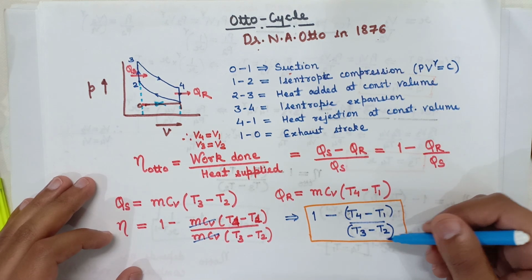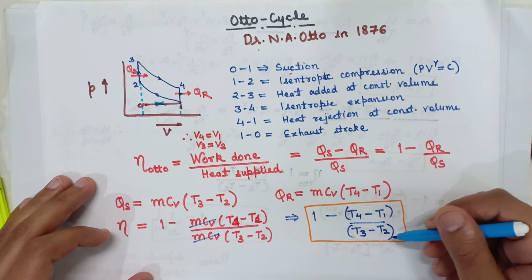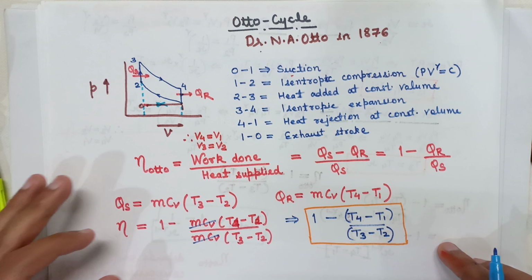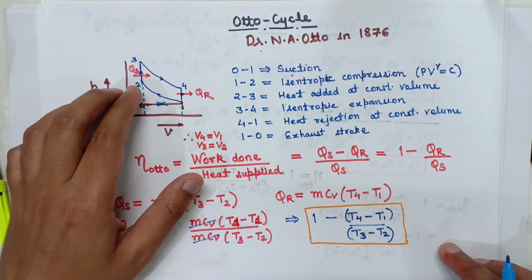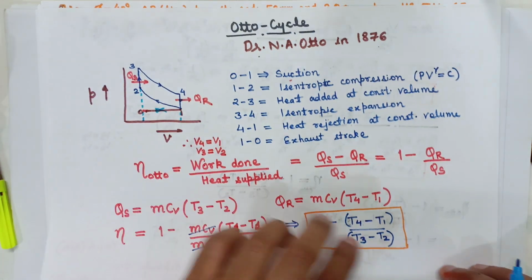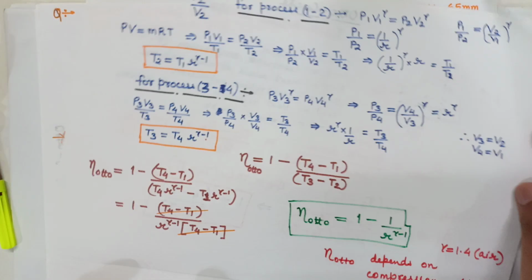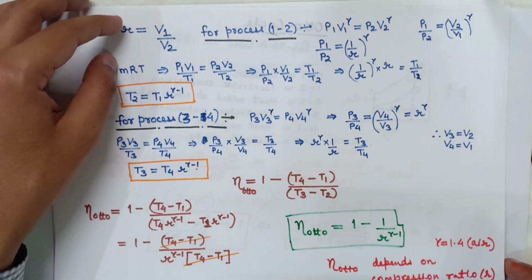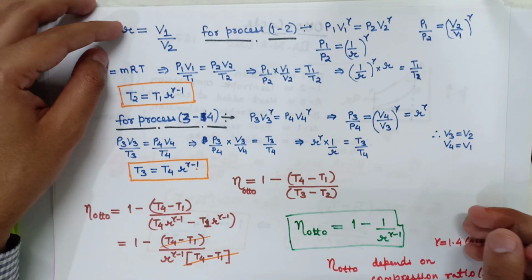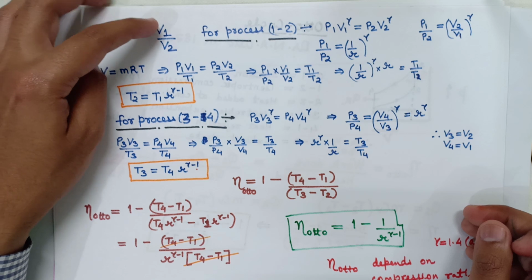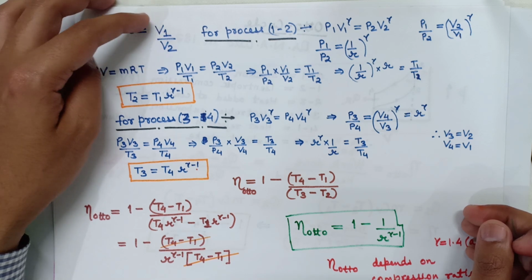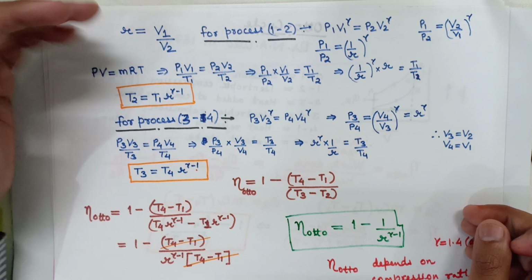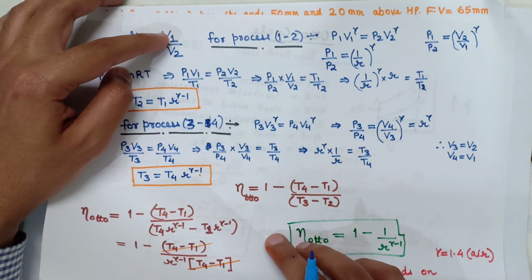Now we will calculate the values of T3 and T2 in terms of T4 and T1 with the help of process 1 to 2 and process 3 to 4. First of all, I will explain the compression ratio, which is denoted by R. Compression ratio is the ratio of total cylinder volume when the piston is at bottom dead center, which is shown by V1.